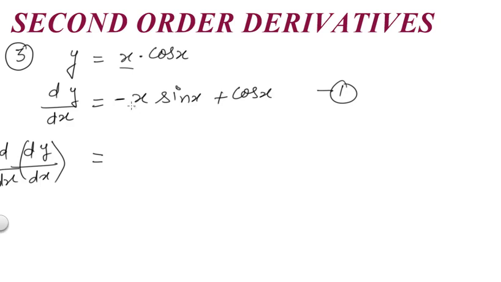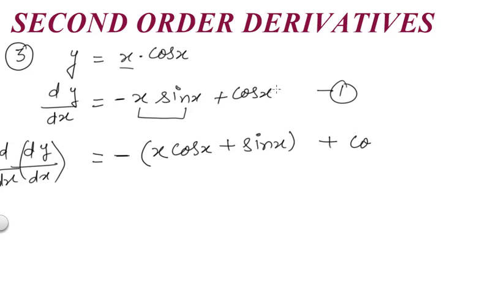Now when we do that, again the product rule will be used. I am keeping the minus out. x as it is, differentiation of sin x is cos x, plus sin x as it is, differentiation of x is 1, plus cos x, differentiation of cos x will be minus sin x. So what will we write here? Minus sin x.